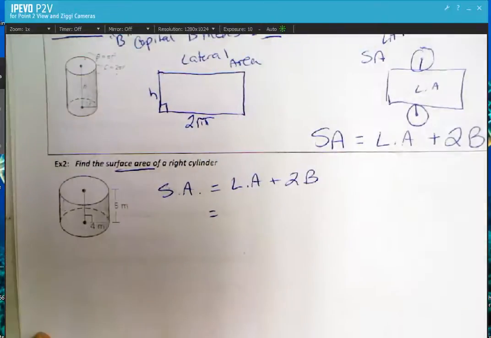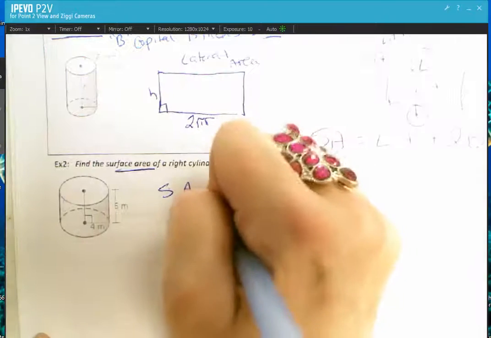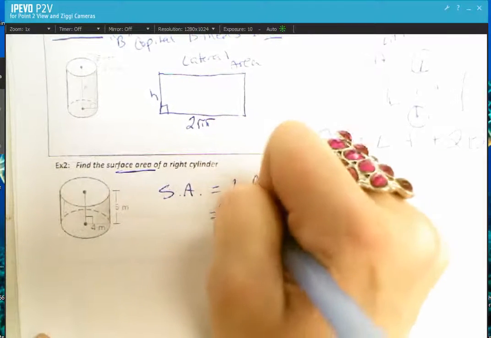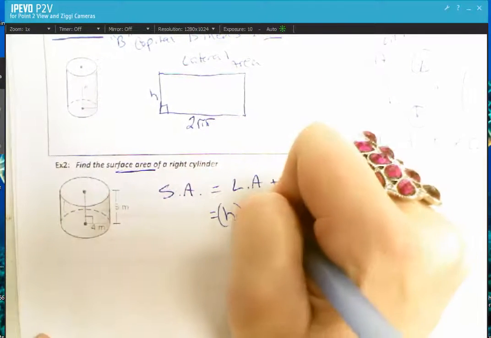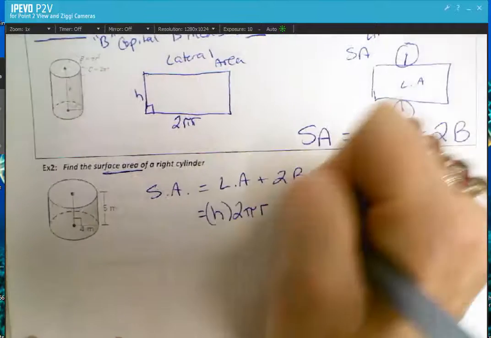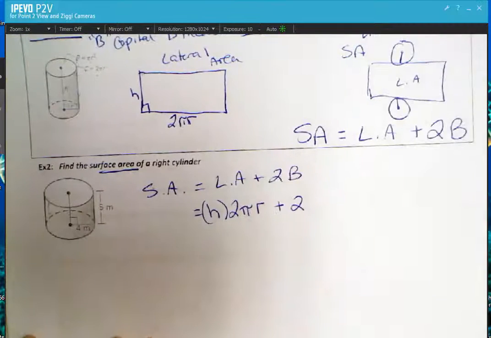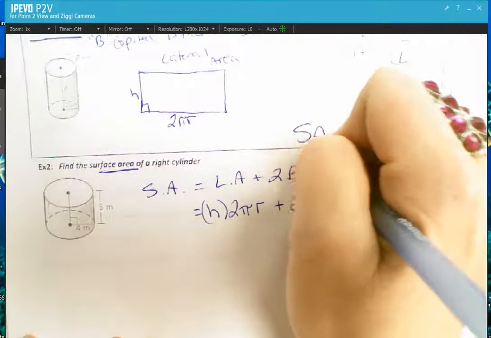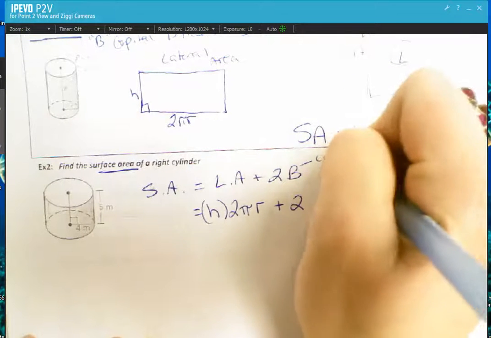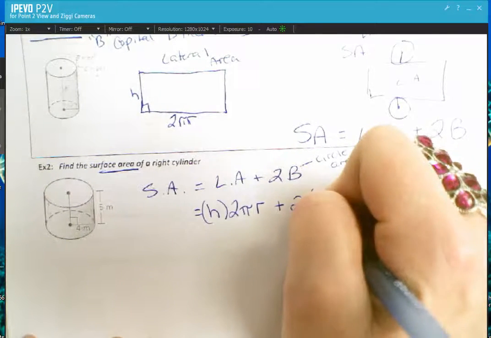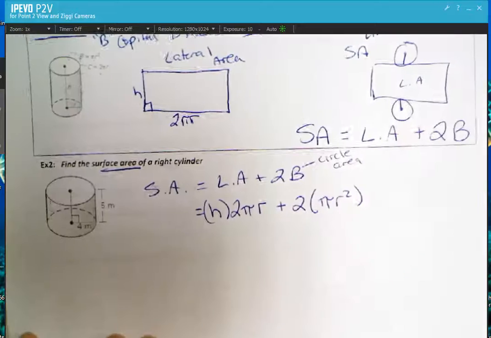So I know my lateral area is going to be height times 2 pi r, plus 2 times the base area. The bases of a cylinder are a circle area. So 2 times pi r squared.